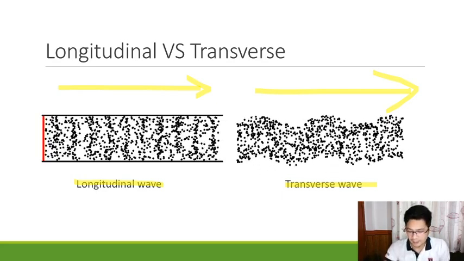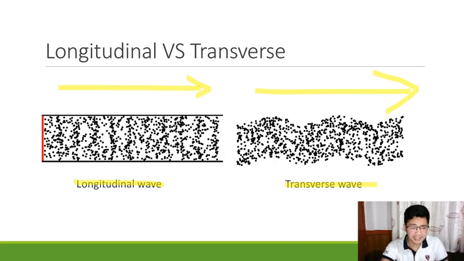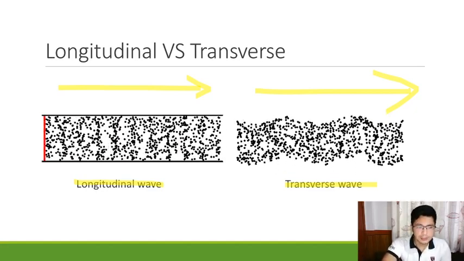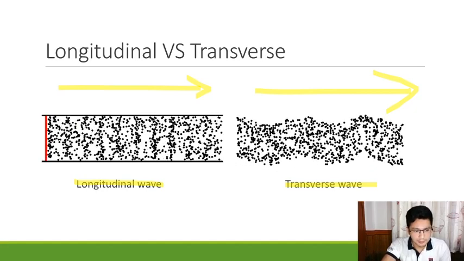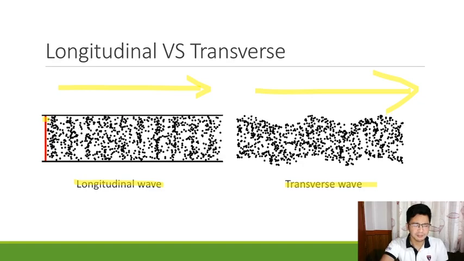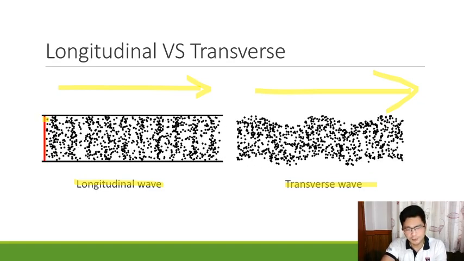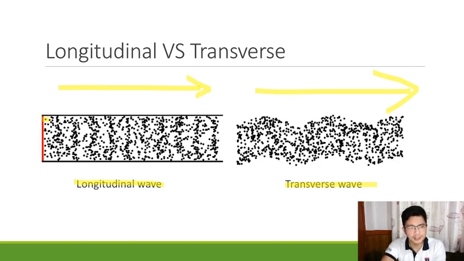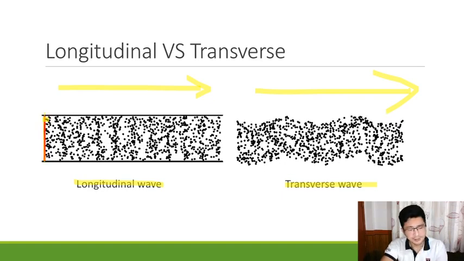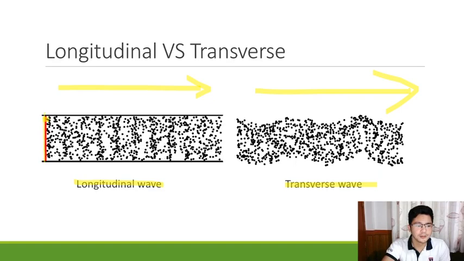But no. Again, di ba, ano nga sabi natin kanina? Elastic yung property ng molecule natin. So, ibig sabihin, bumabalik siya sa original position niya. So, for example, itong molecule na to, na in-highlight ko, it actually just moves back and forth because of this vibrating object. Itong kulay red na to, that is your vibrating object.